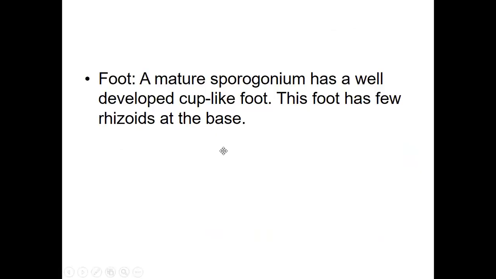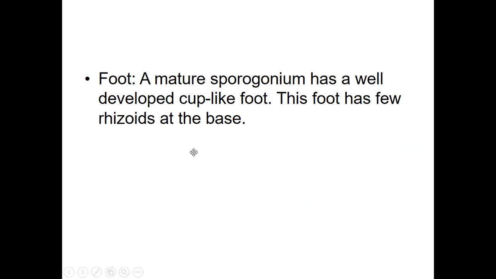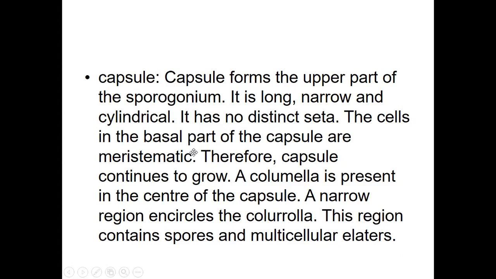Now we'll go into a detailed description of the sporophyte. When we talk about the foot, a mature sporophyte or sporogonium has a well-developed cup-like foot. This foot is attached to the gametophyte. As for the seta, there is no such differentiation of foot and seta in Anthoceros.